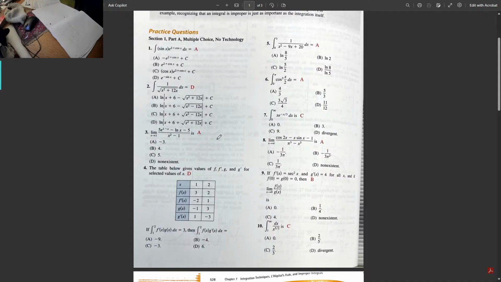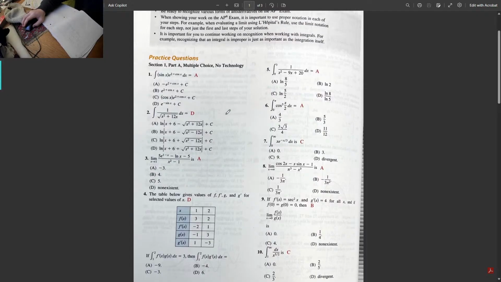Silly me. Let's see here. 5e to the 1 over x. So that would be: e to the power of any expression, derived, is the derivative of the expression times e to the expression. So if you have e to the power of u, it should not be a capital E. It should never be a capital E. This is because I can't draw.